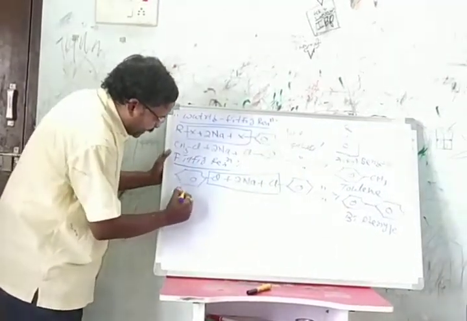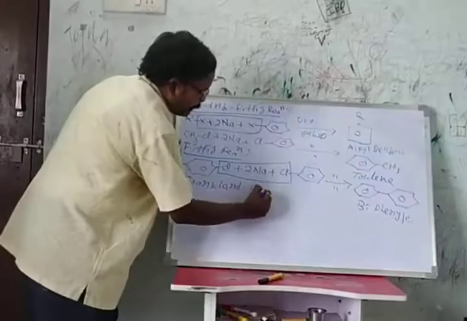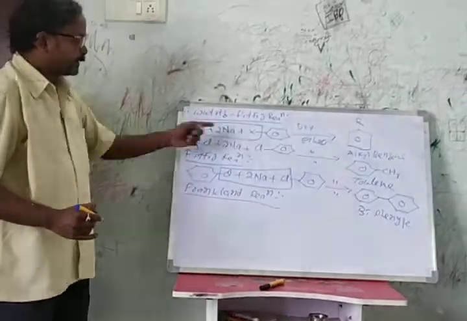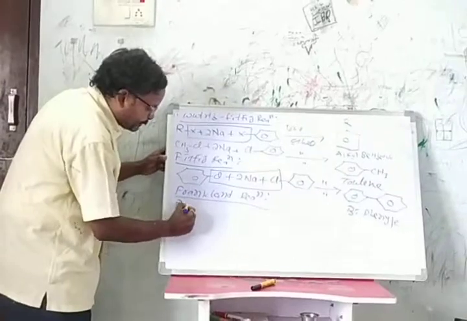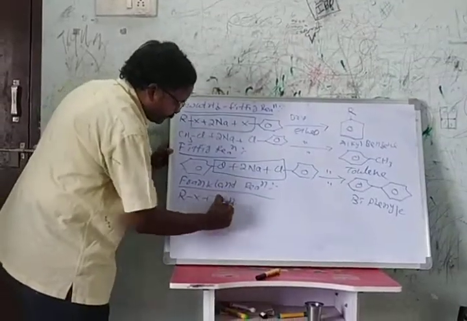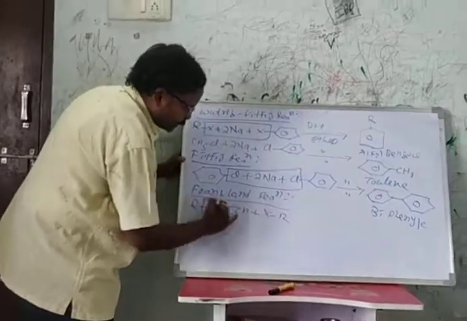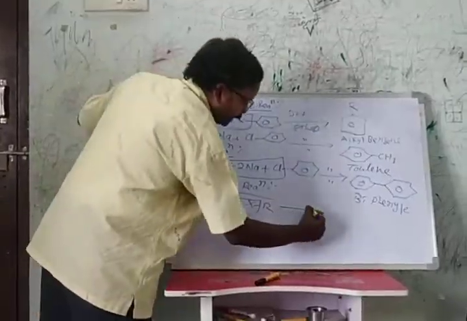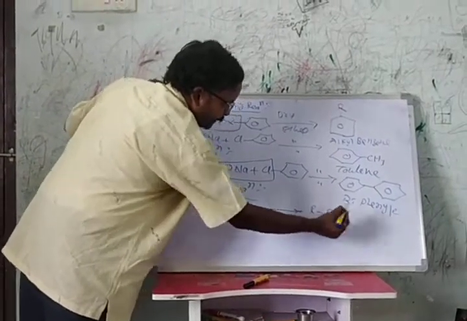Next, the Franklin reaction. What is the Franklin reaction? Same reaction, but instead of sodium, here we are using zinc. Take 2 moles of alkyl halide, any type of alkyl halide. It loses zinc halide, ZnX2, and forms alkane.